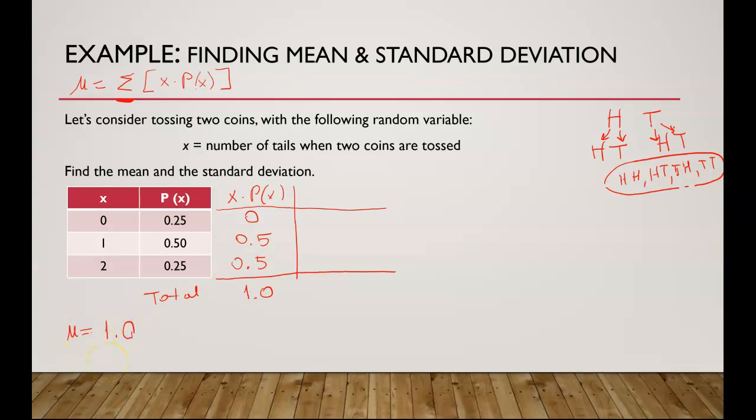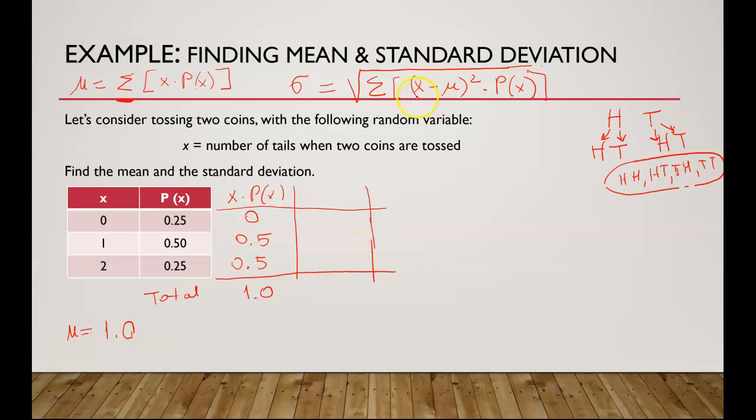Now let's find standard deviation. And I'm going to use the formula that is easy for manual calculations. Standard deviation is equal to the square root of the variance. The sum of the square of the difference between the value of the random variable and the mean times each probability. Let's add another column.